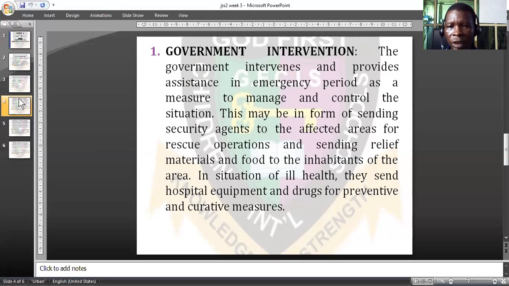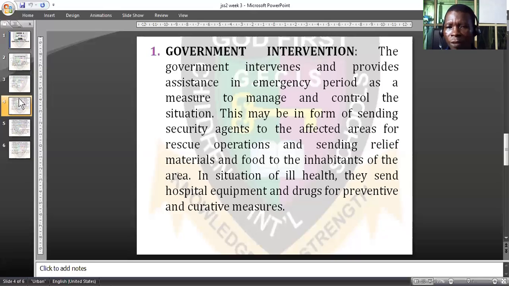The government intervenes and provides assistance in emergency period as a measure to manage and control the situation.